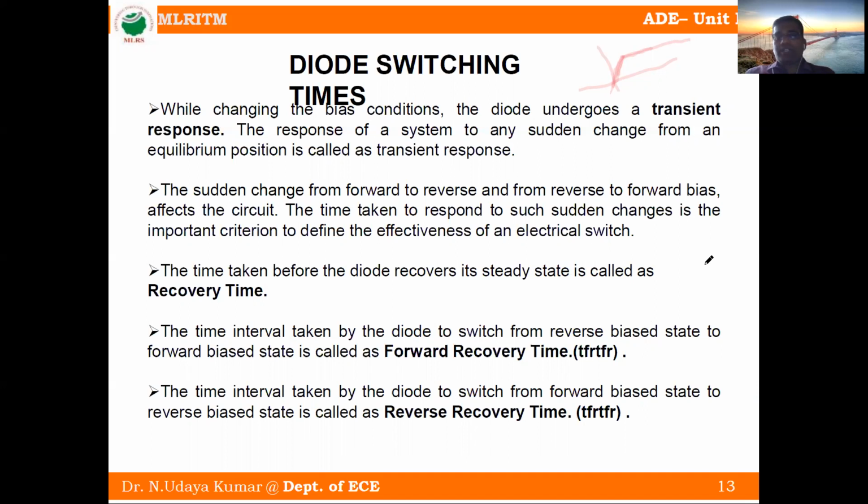That time we call forward recovery time. Similarly, the opposite: the time interval taken by the diode to switch from forward bias state to reverse bias state is called reverse recovery time.